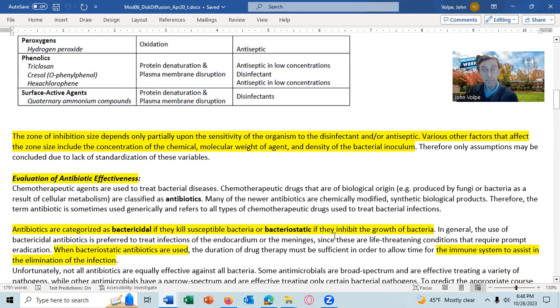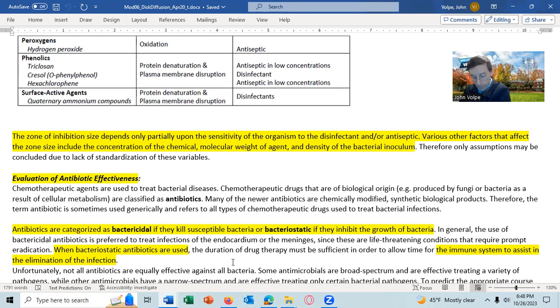If you treat with a bacteriostatic antibiotic, the bacteria cannot grow, and that will allow time for the immune system to eliminate the infection. But the chemical agent or the antibiotic itself will not remove the bacteria. It just prevents the bacteria from growing. Any question about any of that?